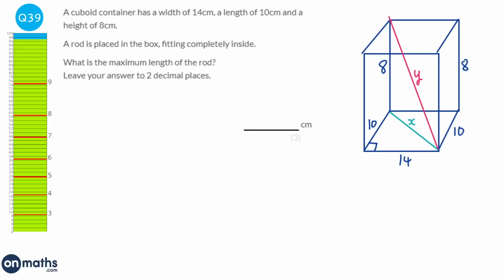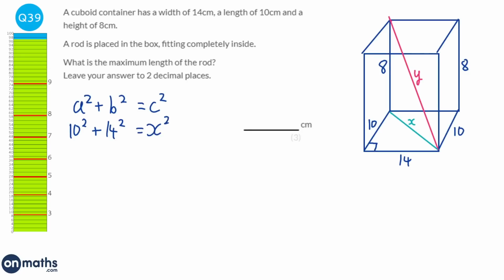So it's a squared plus b squared equals c squared, so it would be 10 squared plus 14 squared equals c squared, and it's actually not c, we've called it x, so to stay consistent, equals x squared.